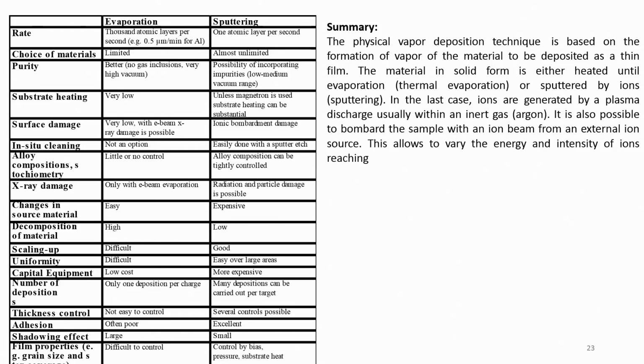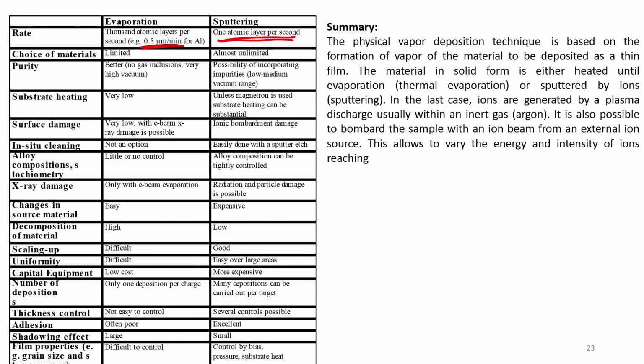First, let us see rate of deposition. In case of evaporation, thousands of atomic layers per second or 0.5 micron per minute for aluminum, it is very fast, whereas sputtering is about 1 atomic layer per second.